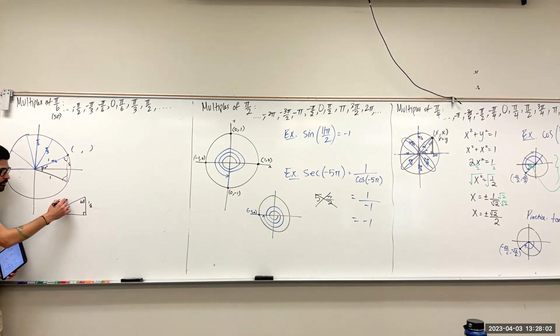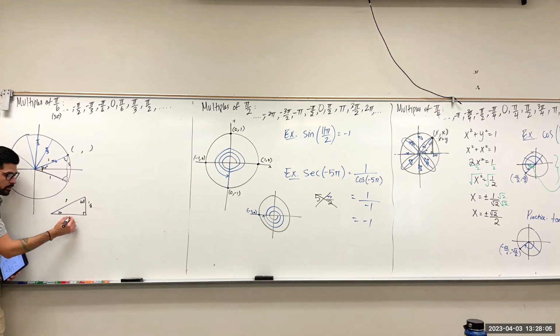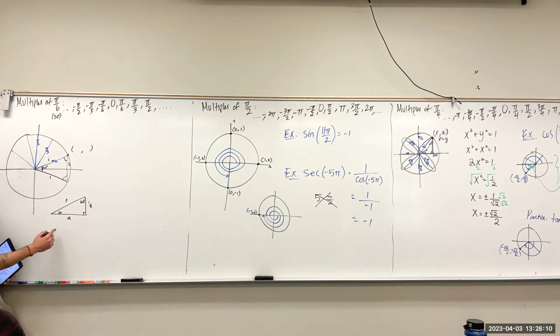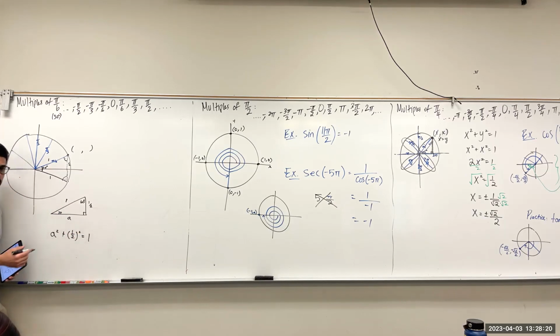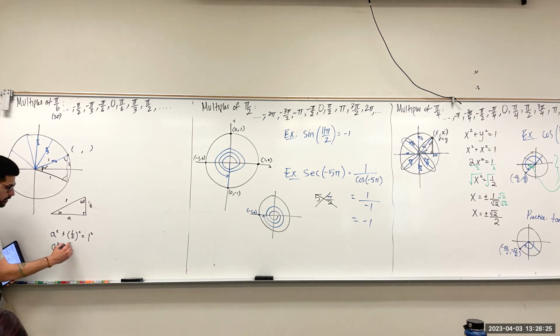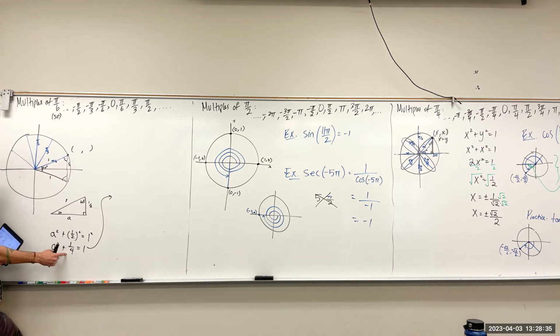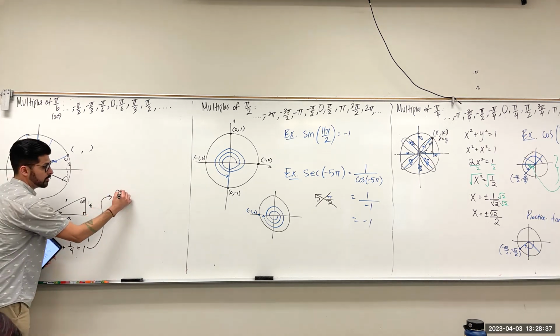Okay. We use Pythagorean theorem. Give this a letter. Let's call it A. So with Pythagorean theorem, we have a squared plus b squared, which in this case is 1/2 squared, equals c squared, which is 1. Okay. So you got a squared plus 1/4 is equal to 1. Can you guys see back there? Yeah. Let me move it over here. So then subtract 1/4 from both sides.